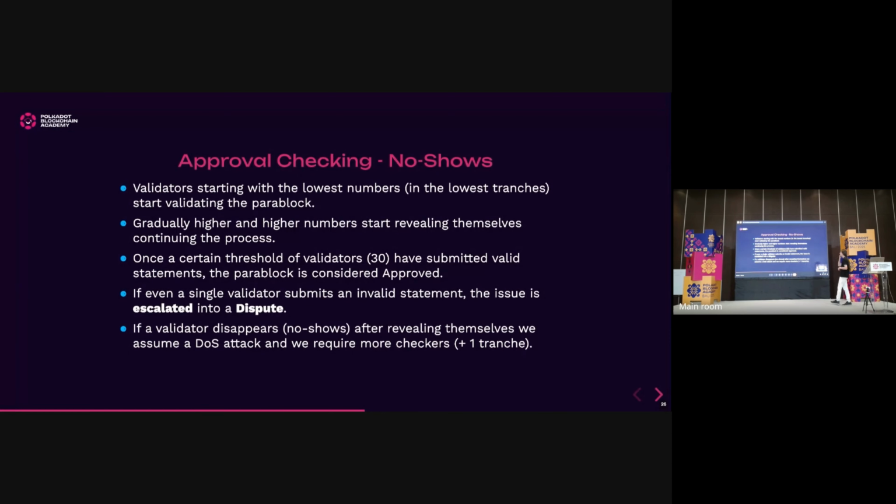So if you know you are in a specific tranche, you don't start downloading the data early. You wait until it is exactly your tranche, your time, and only then you reveal publicly, hey, I am in this tranche, and only then you start fetching from availability the necessary elements to rerun the state transition function. Because at this point, you're announcing, okay, I will be checking.